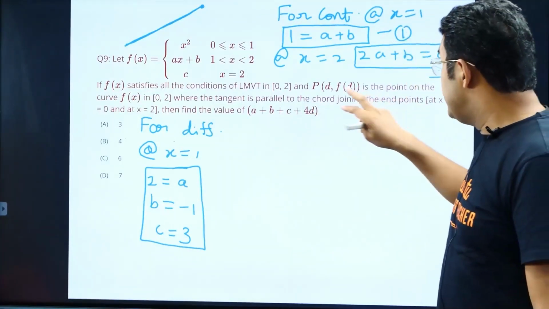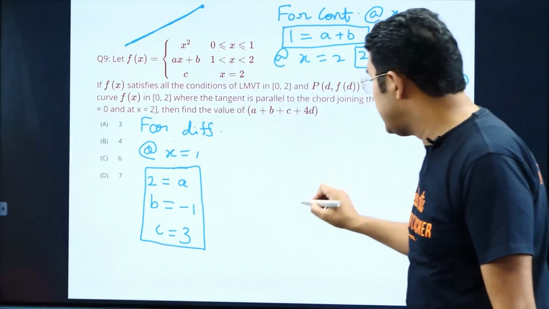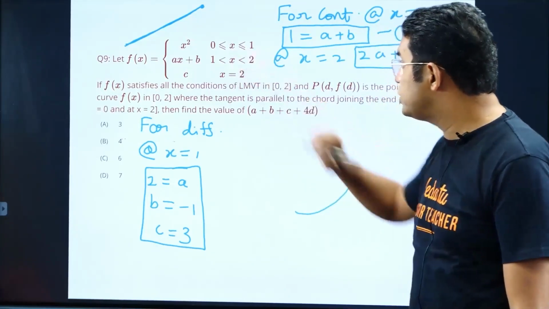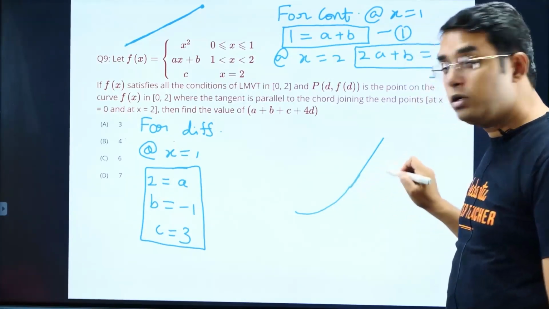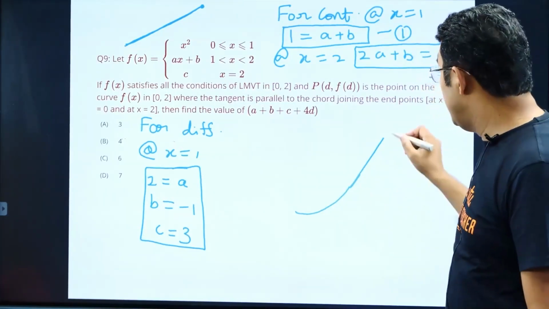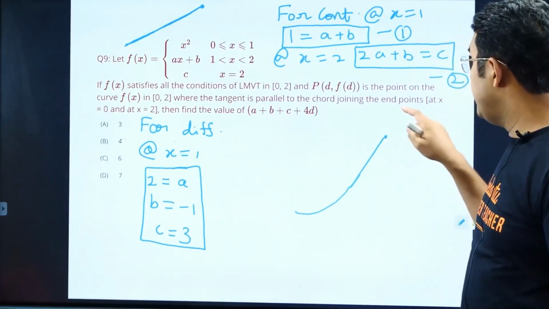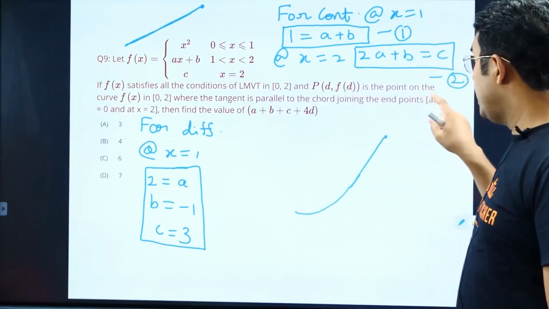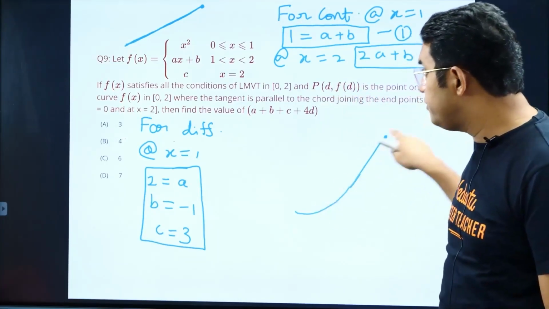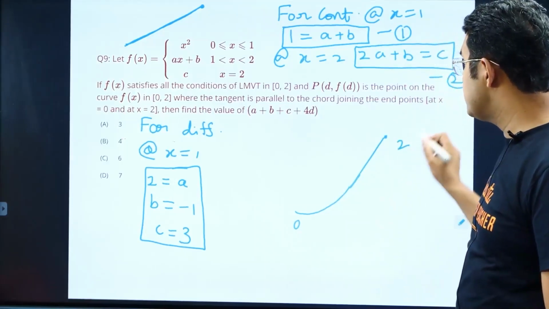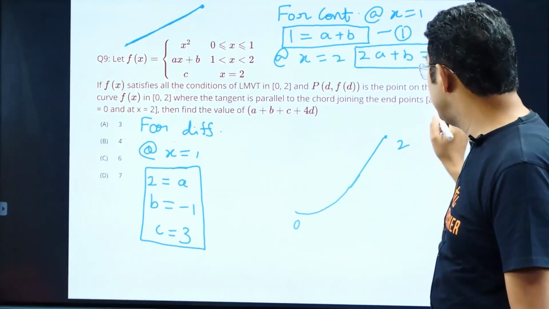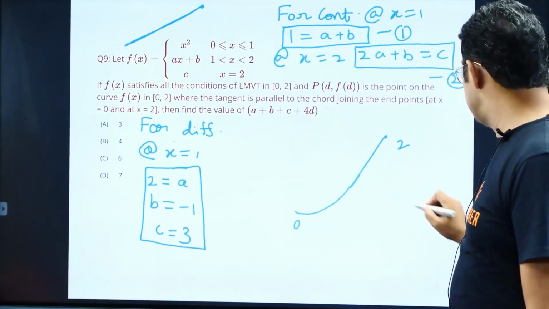And what is d? They are saying that this will be a function something like this: from 0 to 1 it is x square, then it's a straight line, there is no corner, there is no gap here, and then c. Now they are saying that (d, f(d)) is the point on the curve in 0 to 2 where the tangent is parallel to the chord joining the endpoints, that is at x equal to 0 and x equal to 2.